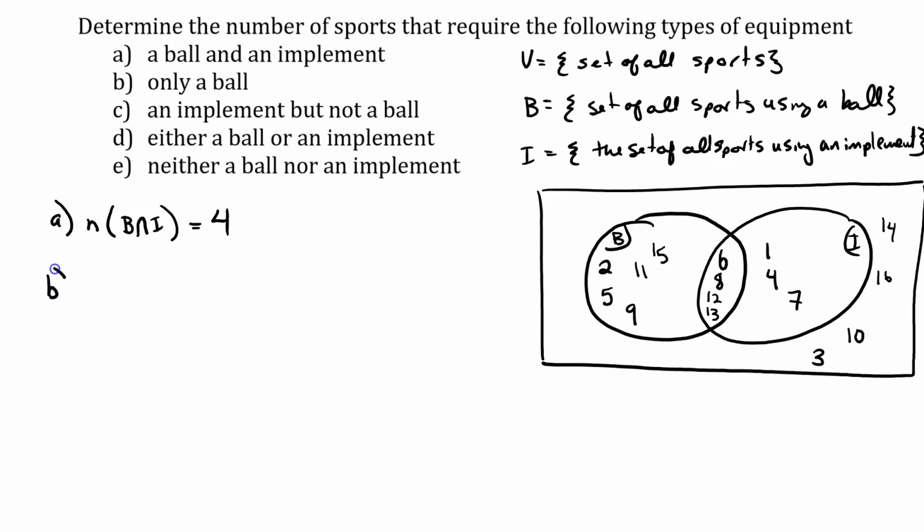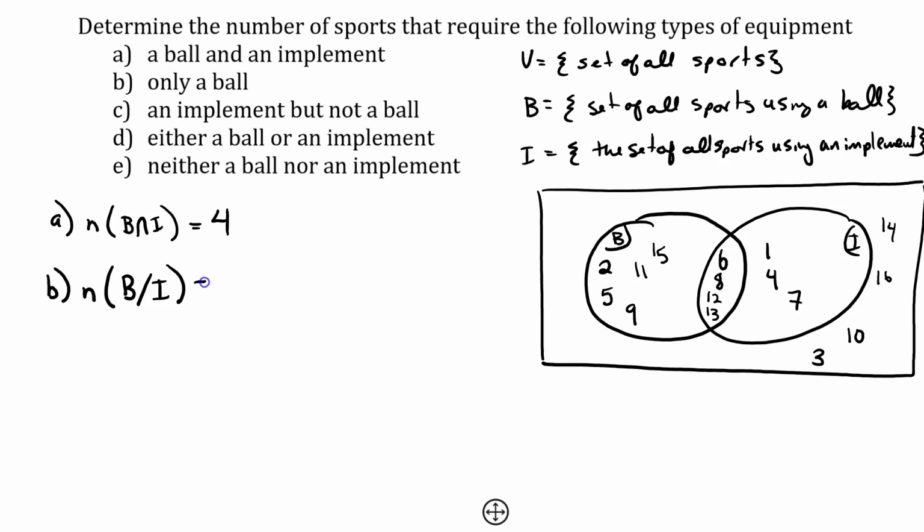B, only a ball. So we would say the number of elements in B, and then this backslash here, I. The way that we say this is B, not I. That means anything that's in B but nothing that has anything to do with I. It's kind of like a bite-out-of-a-cookie feel.